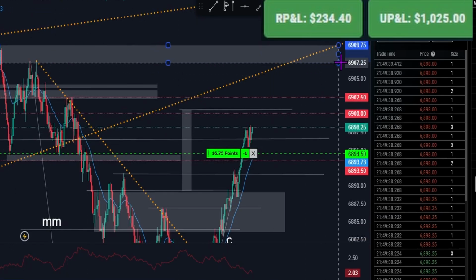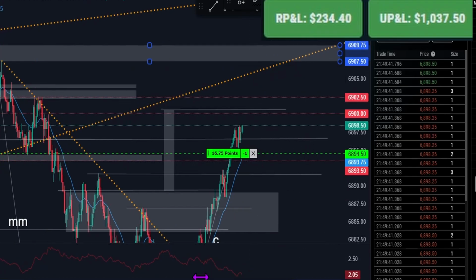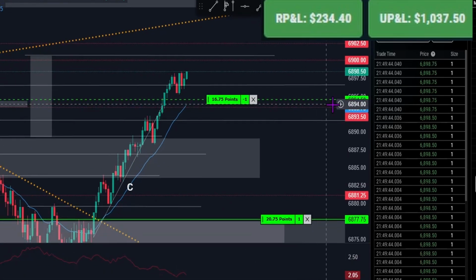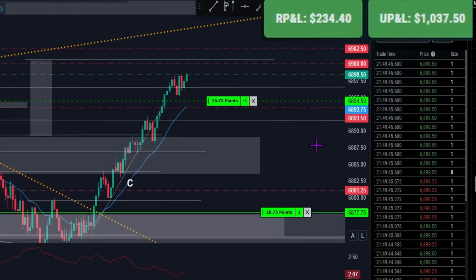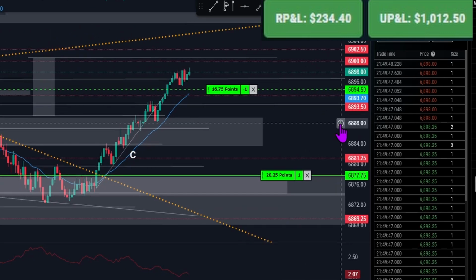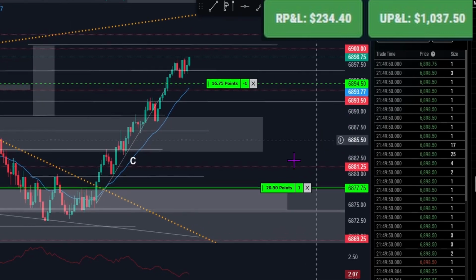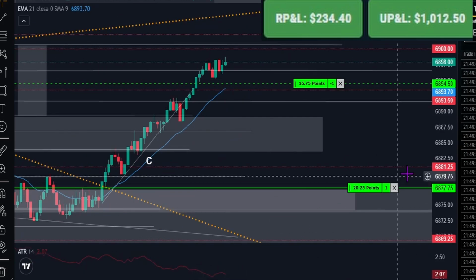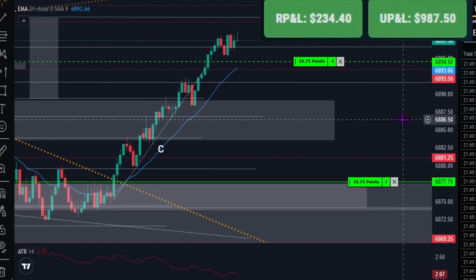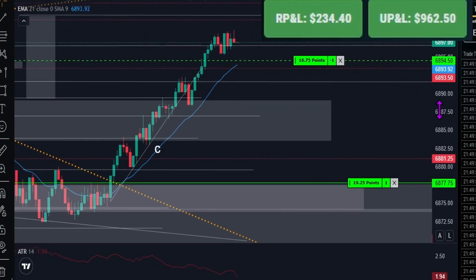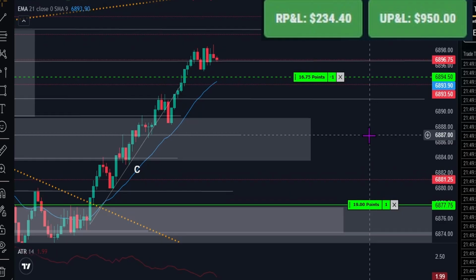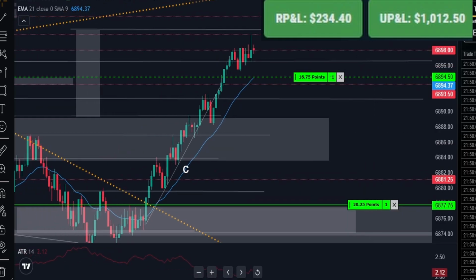Here somewhere. This could be the last target price. Let's see if we get this breakthrough, this breakout. If not, fine, it's fine.